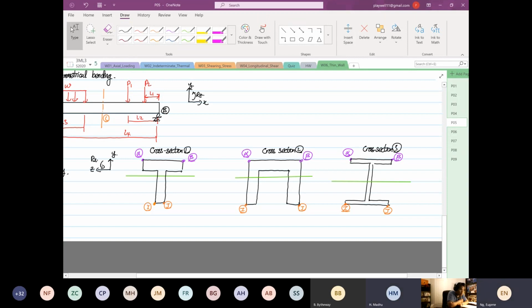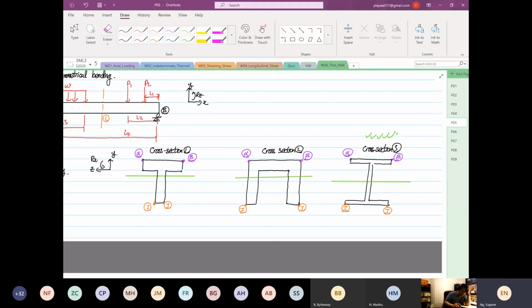Who says all of them? So you say all of them are symmetrical bending, and you are absolutely right. I know a lot of students, when I taught the other class, say this one is symmetrical bending. No, all of them are symmetrical bending.